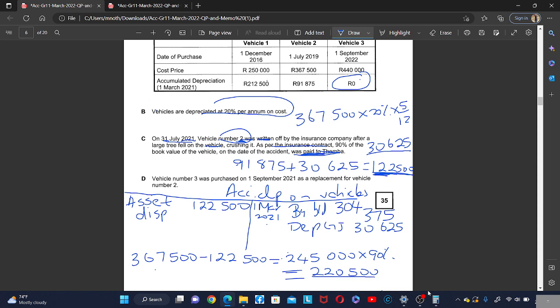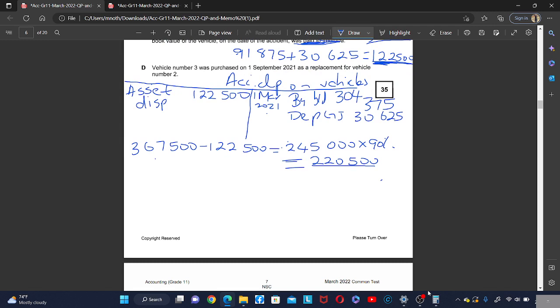Remember, all the information about an asset that the business is getting rid of must be transferred to the asset disposal. So the money that was paid to Timber is 220,500. If it was paid, it means that the bank received the money, 220,500. Because this is about an asset the business is getting rid of, it must be transferred to the asset disposal.